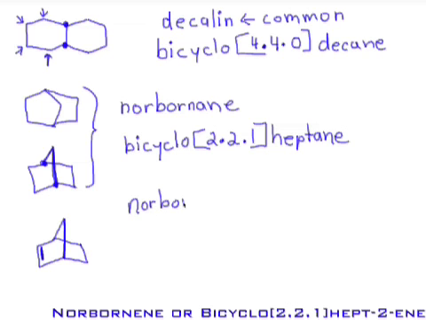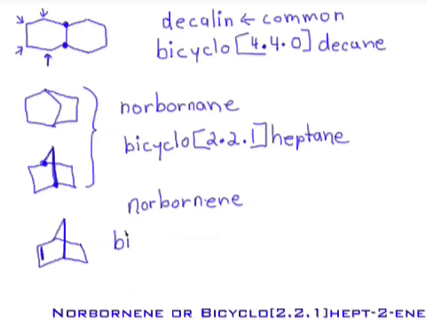Norbornene has the double bond in this position. Notice it's identical if the double bond were here. Common name is Norbornene. What's the IUPAC name? Well, it's the same thing. The bridges haven't changed.